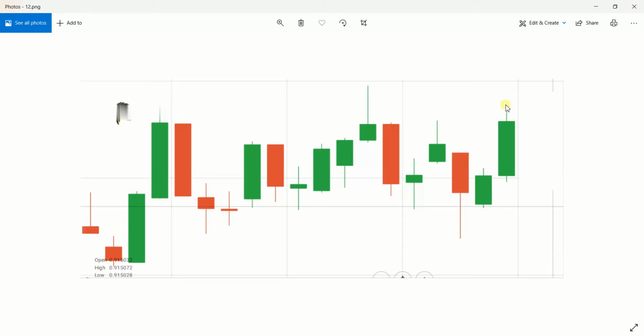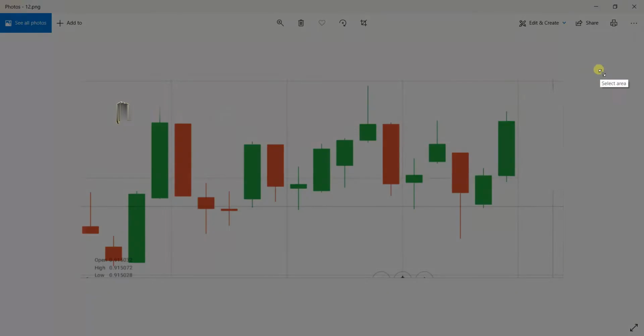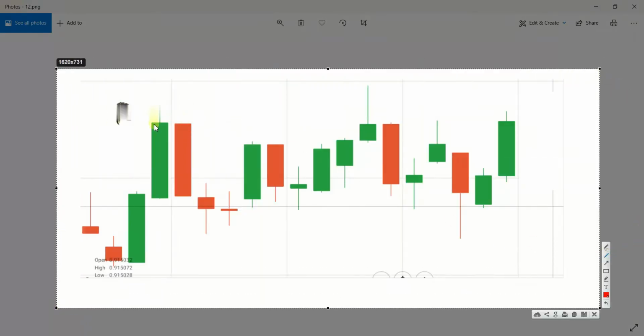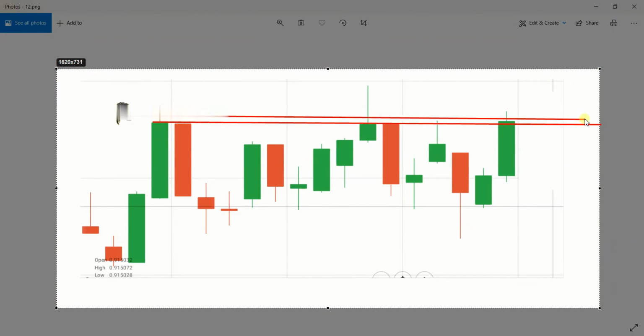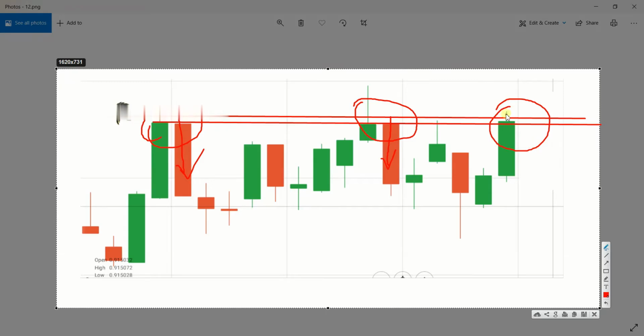Okay, the next candle, you can see this is a strong bullish candle, but again this candle closes exactly at the resistance level. You can see here it reversed the market, very strong sellers entered the market. Again the market closes at the level, and again very strong sellers from this level, and here again the market closes at the level.